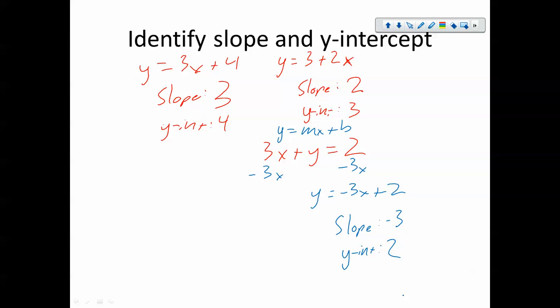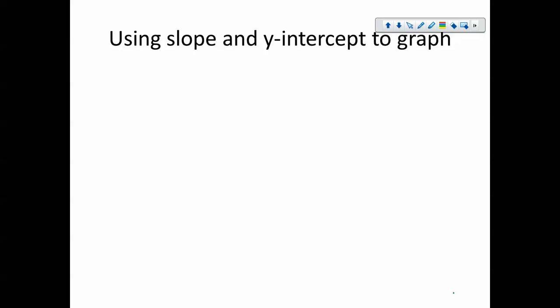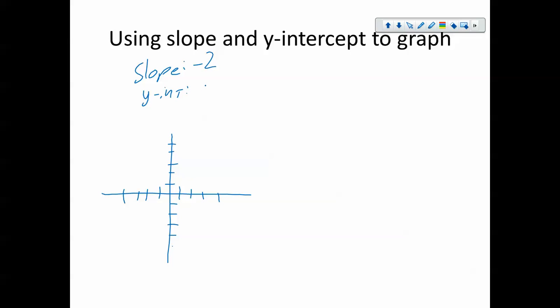Now, let's use that information to actually graph something. So let's create a graph, and I'm just making some rough sketches here, but we'll have good graphs for you. I just want to graph something that has a slope of -2 and a y-intercept of 5.